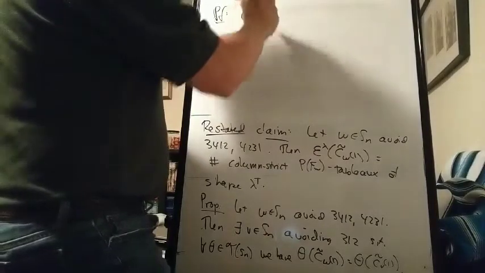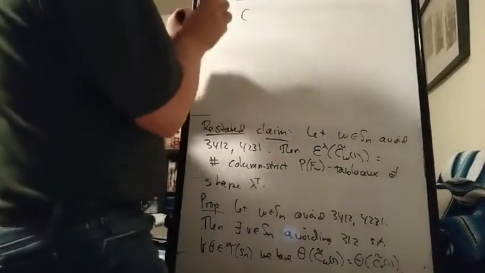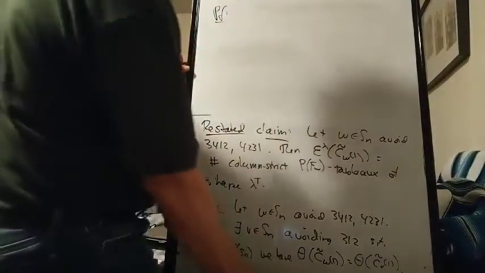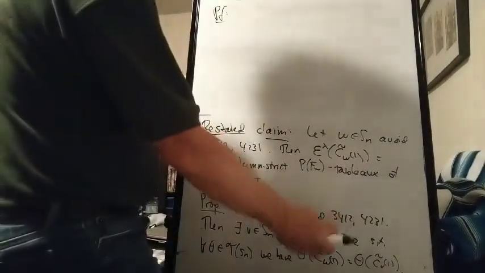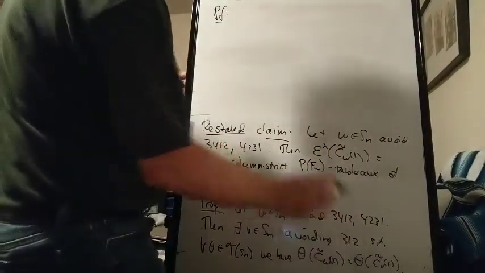And the proof is that the path posets of permutations avoiding these patterns are the same.